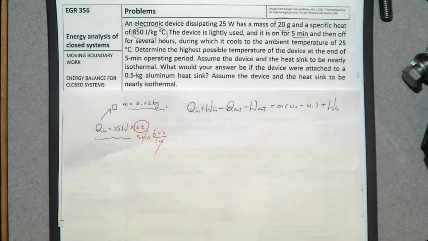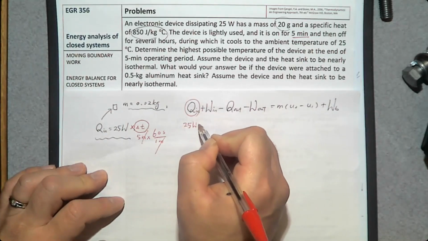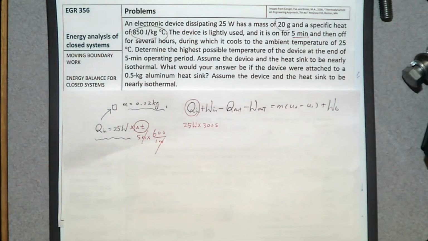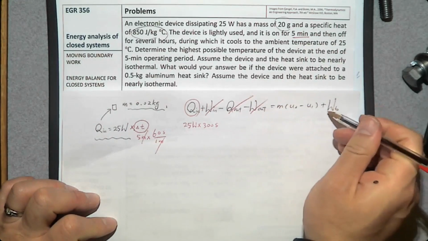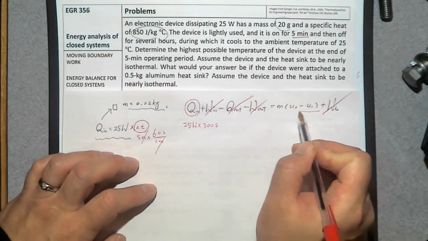And what kind of heat transfer? We have 25 watt times 300 seconds. Do we have energy transfer by work? No. So you can neglect them. What about moving boundary work? There's no moving boundary work because our system is a solid. Then we have mass times U2 minus U1.